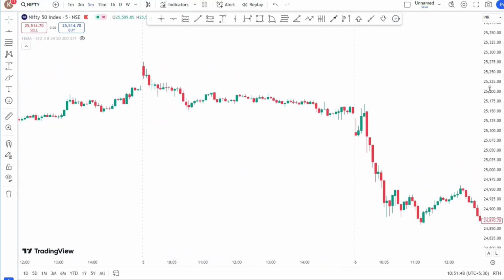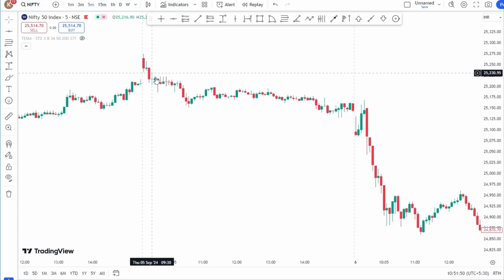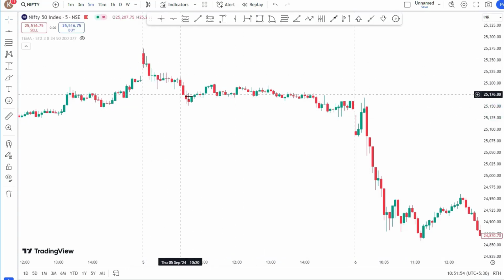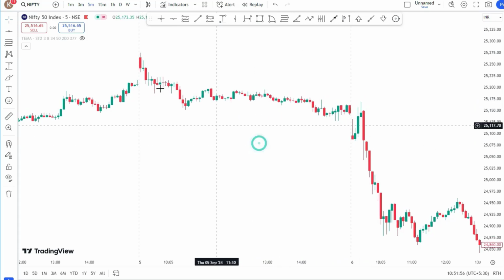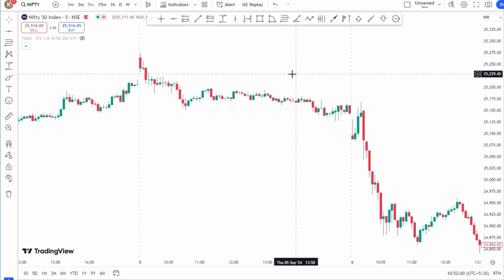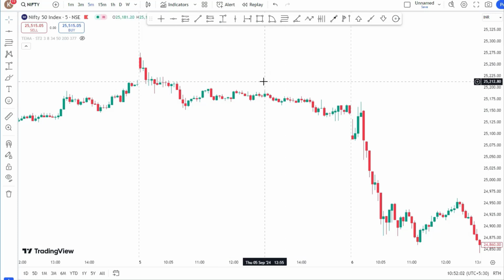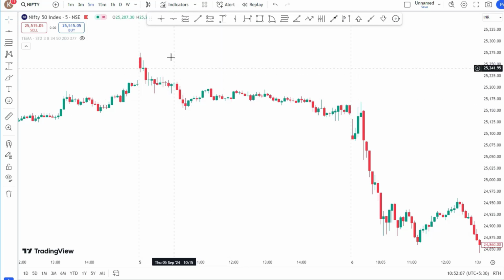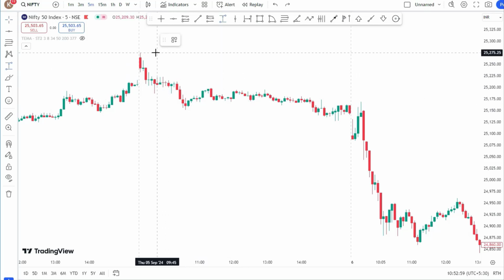Suppose I have this graph, the previous day, this is the previous day, and it was a sideways day, and we will try to find out the next day's levels based on this high and low. So in this case, what I will do, I will put the price range tool at this wave high and low.